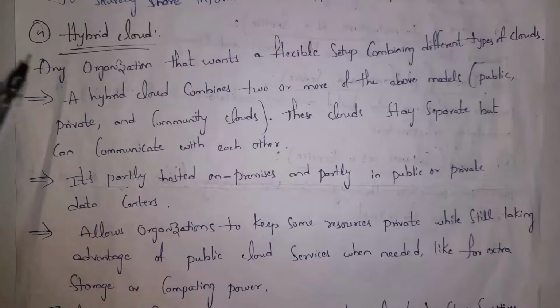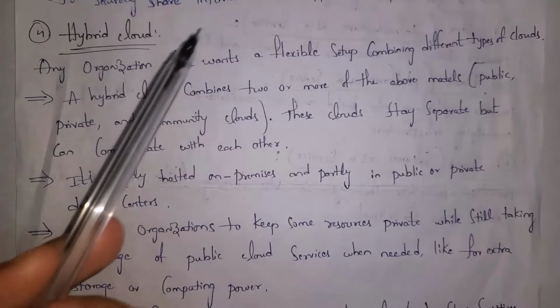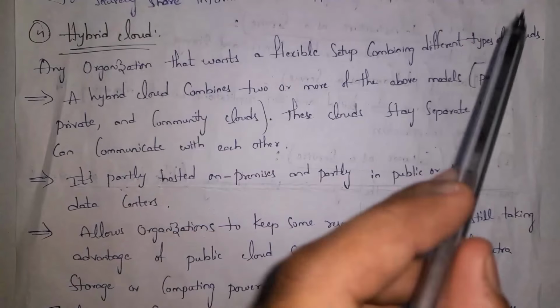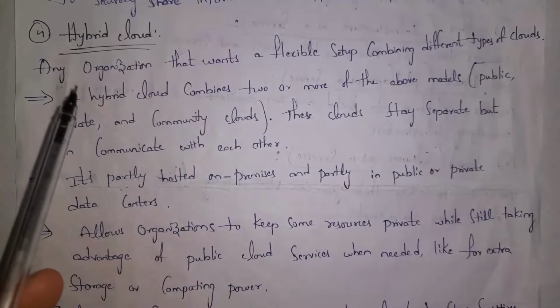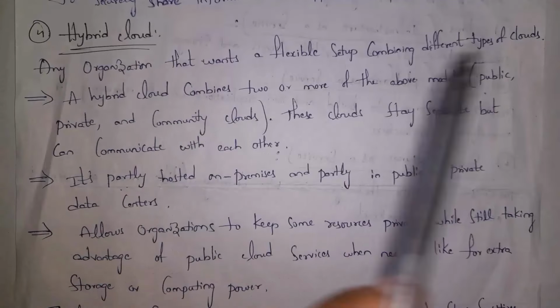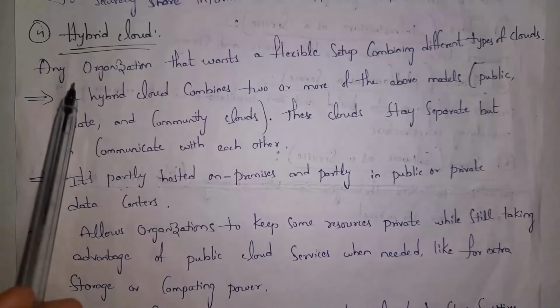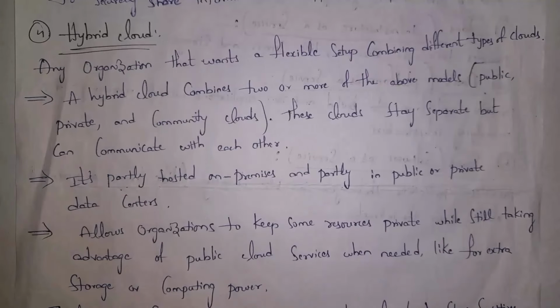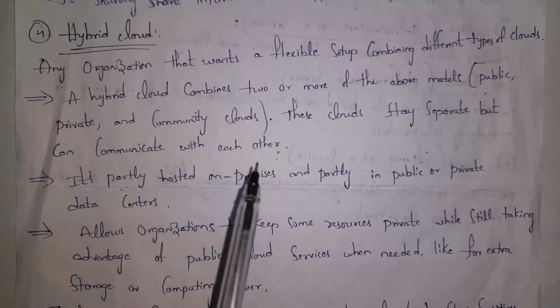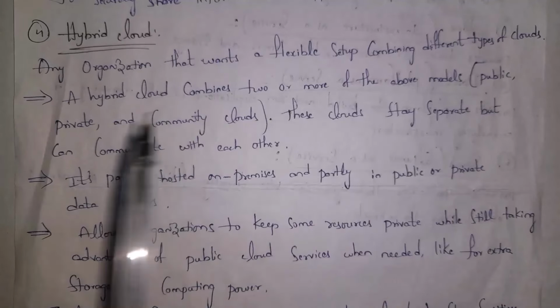Any organization that wants a flexible setup combining different types of clouds. A hybrid cloud combines two or more of the above models, public, private or community clouds. These clouds are separate, but they can communicate with each other.